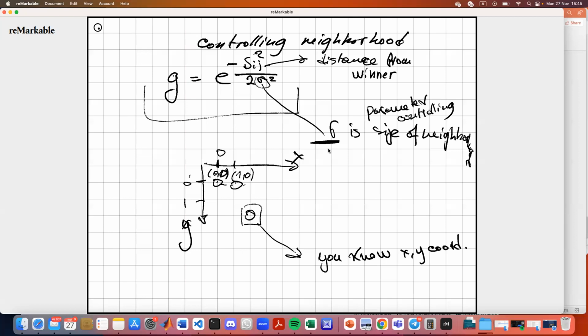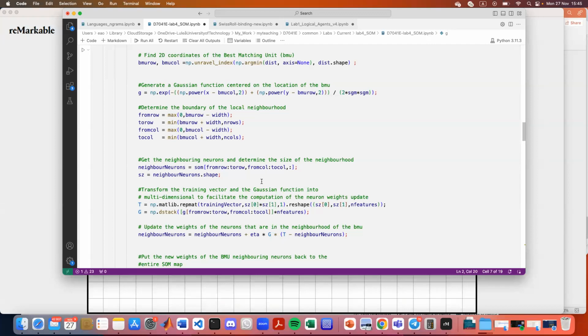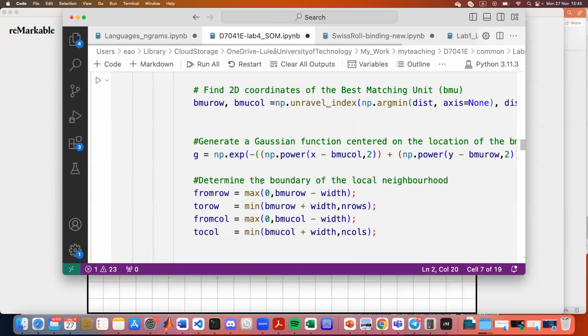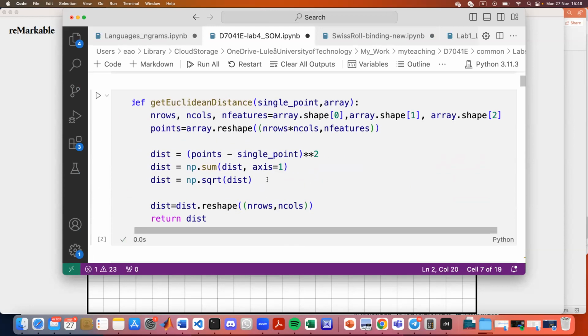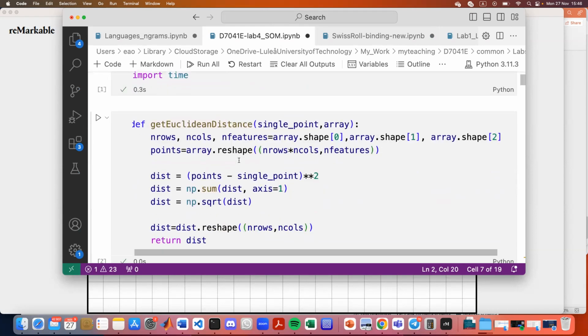But again, let's have a look. You are given a code, and on purpose I separated this part from the main algorithm. Let me see. Do you all see? So this is the code from lab 4. There are some imports.